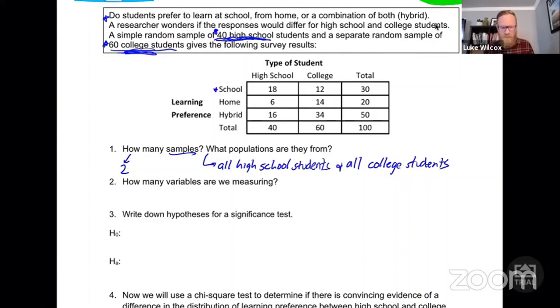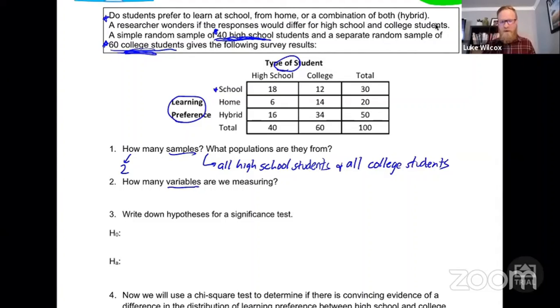Now, question number 2 is asking about variables. How many variables are we measuring? Well, very clearly, if you look up at the data here, we are measuring the learning preference for each student. So that's certainly a variable. Now, some people might argue that type of student is a variable. But the reality is that type of student is the way that we're differentiating our 2 populations here. And we took separate random samples from each one of those populations.